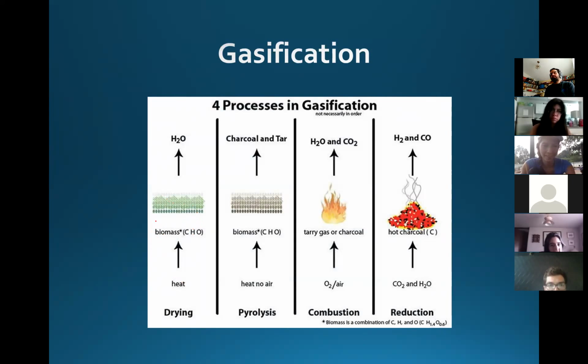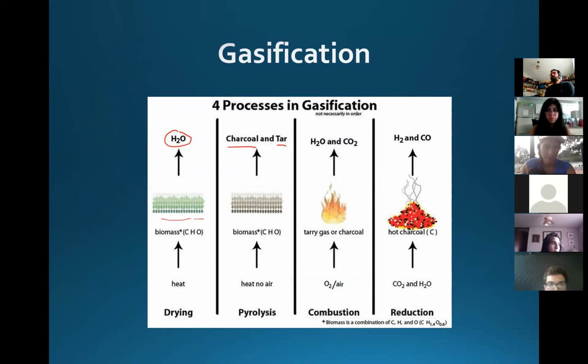The other process is pyrolysis, which you know a little bit already: we heat the biomass but without air. If we do that, we obtain charcoal, which is very heavy hydrocarbons, and tar, which is more or less the same thing. One is gooier than the other; the tar one is more solid. You heat the biomass, and that's it.